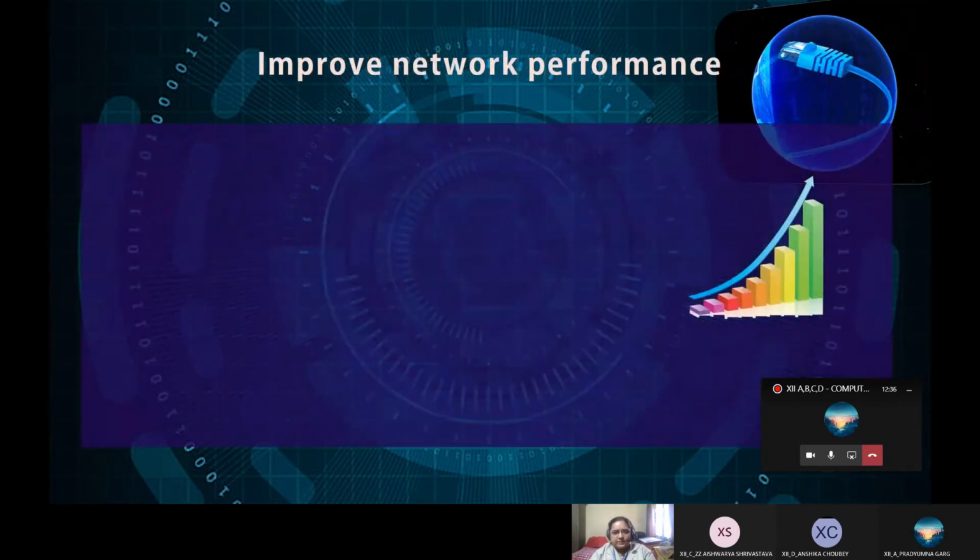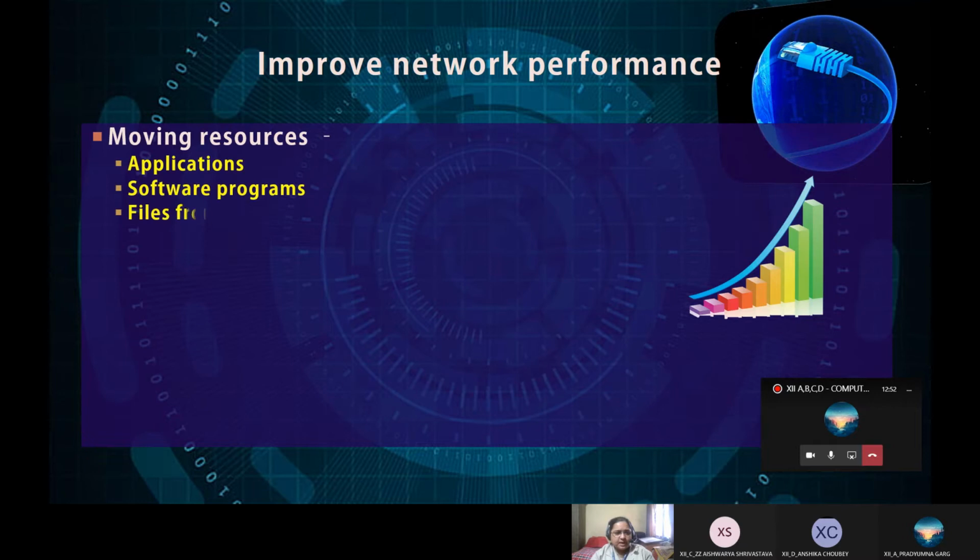Improve network performance, of course, because if we are setting up a network, we would definitely want more from that network. So we have to think about ways and means to improve this network performance. Moving resources, applications, software programs, files from one server to other. So what do we want to do?